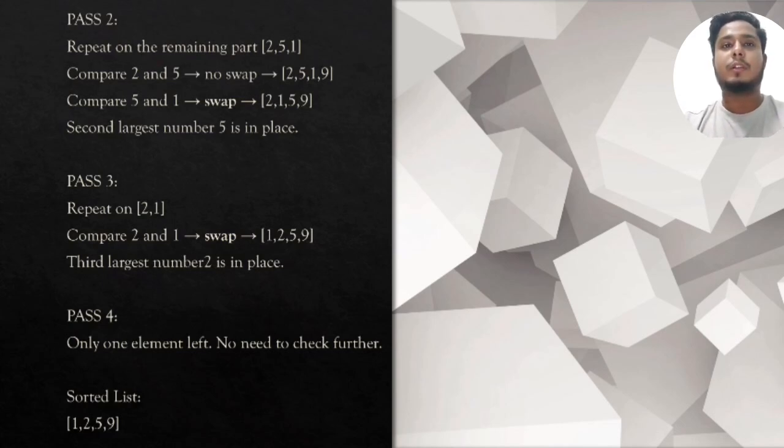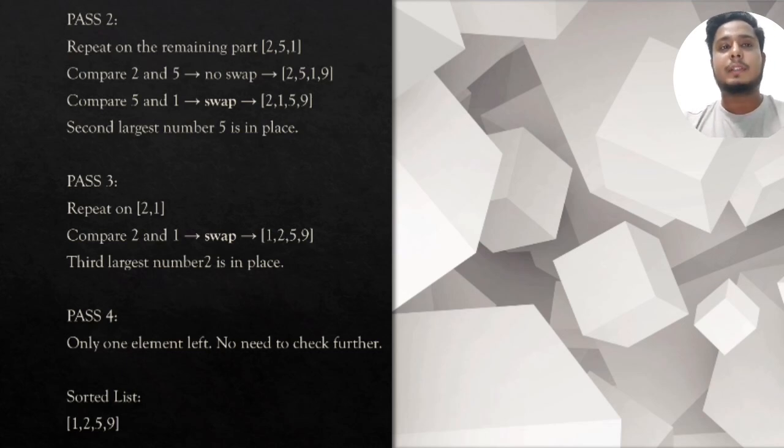It will compare 2 and 5 again. It will not swap now because they are in correct order. Again it will move to the next, 5 and 1. Now it will swap because they are not in the correct order: 1 is smaller and 5 is greater. So in the second pass, the second largest element is 5, which is in its place.